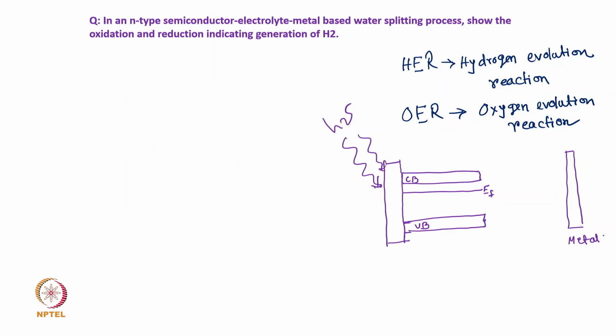As soon as light falls, we have the generation of hole and electron. This is the electrolyzer which contains water.